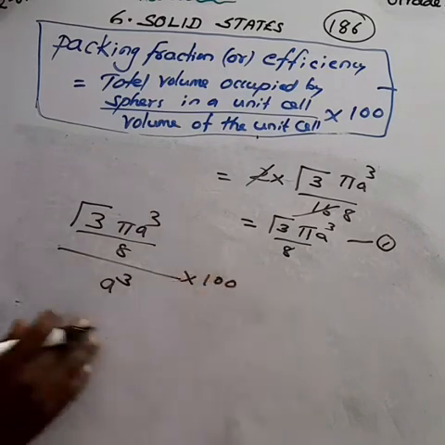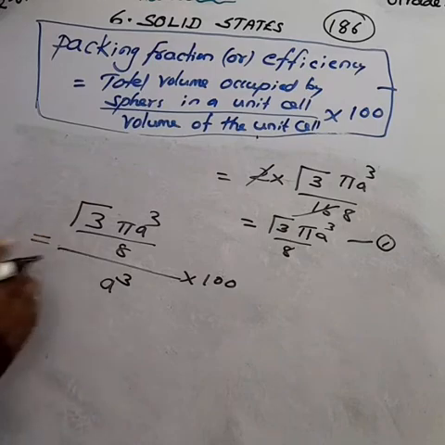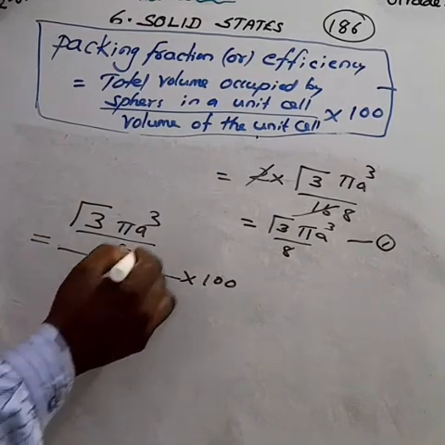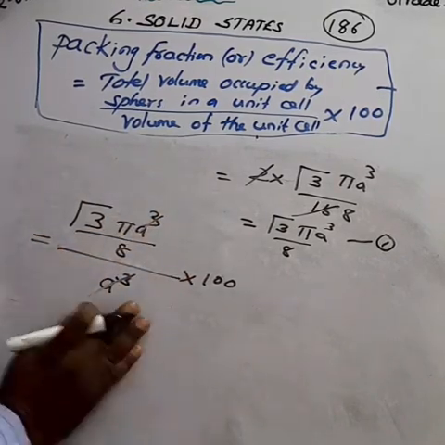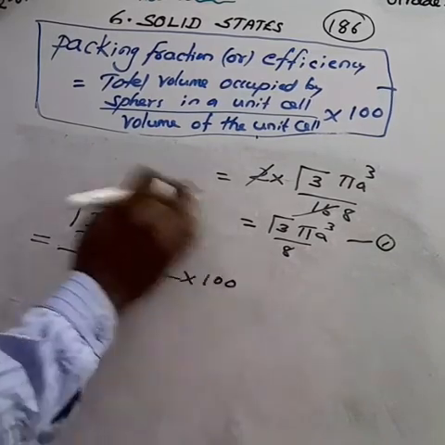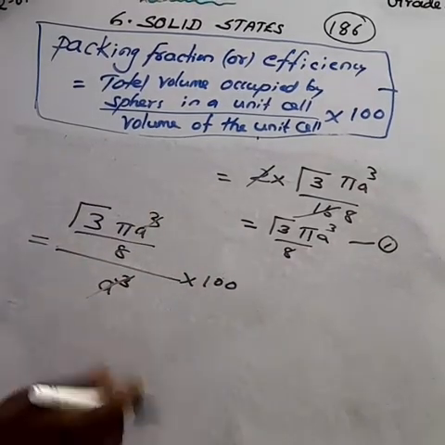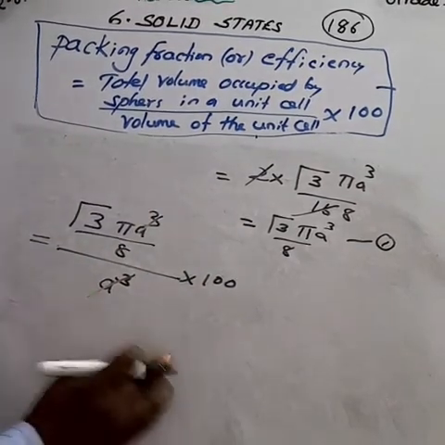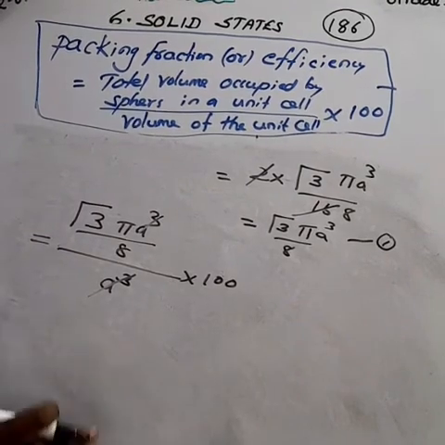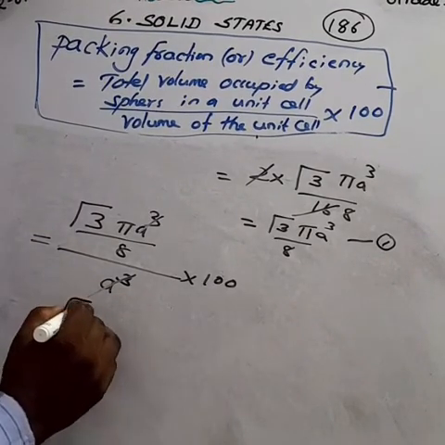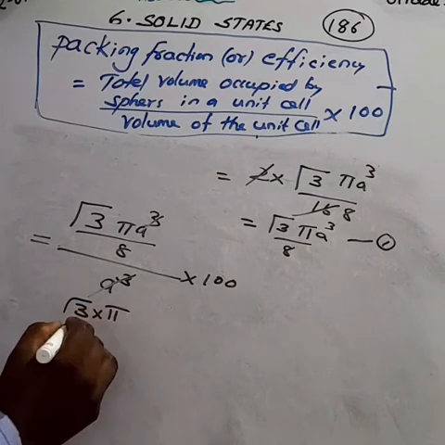So packing fraction is equal to this value. The a cube I am going to cancel here. So what remains is root 3 into pi divided by 8 into 100.